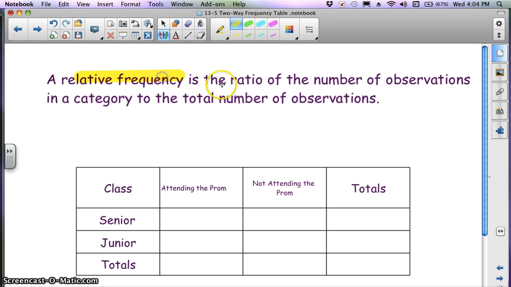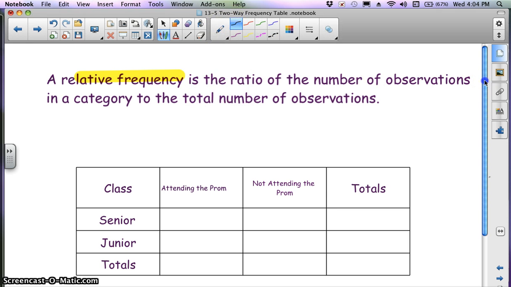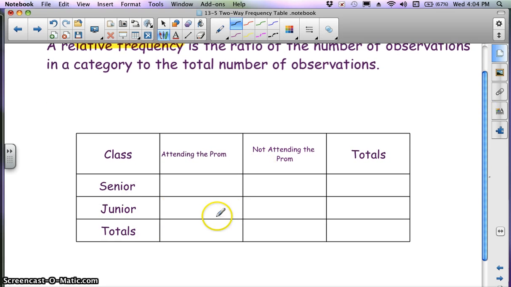So now a relative frequency is the ratio of the number of observations in a category to the number of total observations. So let's say we want to use a relative frequency to fill this table out. A ratio is a fraction. So for example, this would be 44 out of 160, and we're also going to write the percent in here, which is 27.5%.